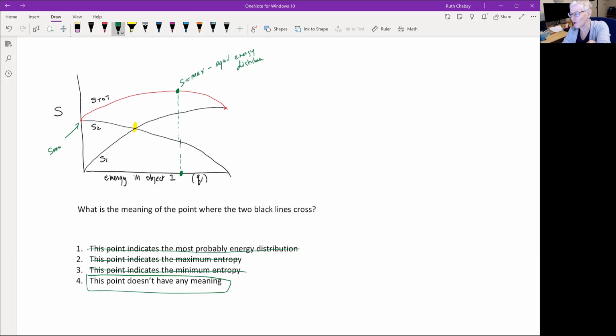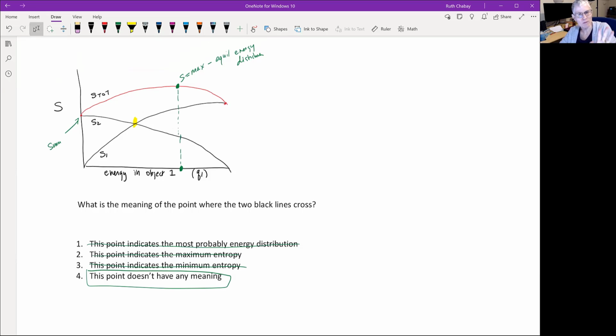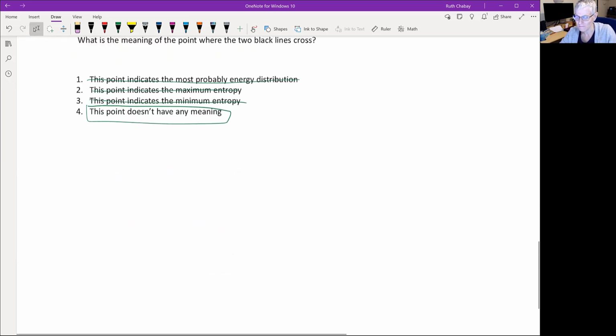There's actually no particular meaning to this value of S or that value of Q. It's just where these graphs cross. So don't get tricked by these graphs. You have to think about how to interpret them. Let me remind you about a practice quiz that's available on this topic.